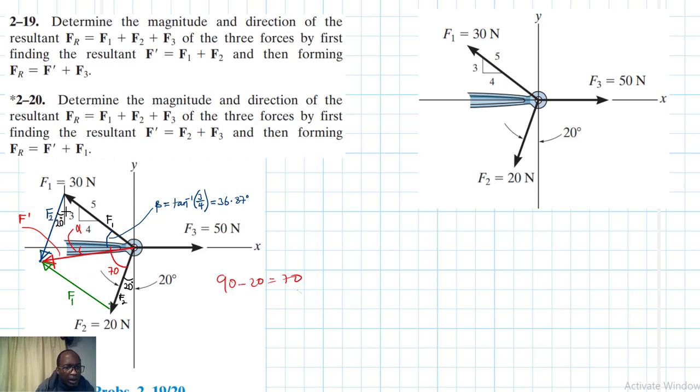And then this angle here, since this one here is the right angle, therefore that angle there is just 180 minus 90 minus 36.87, which is equal to 53.13. Okay, so let's feed it in.